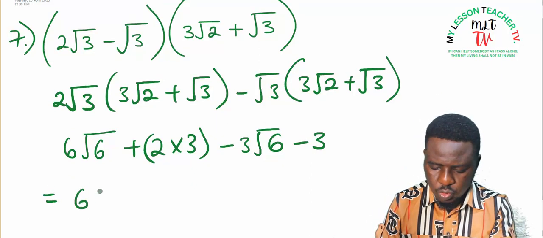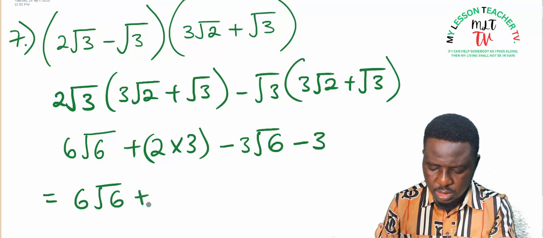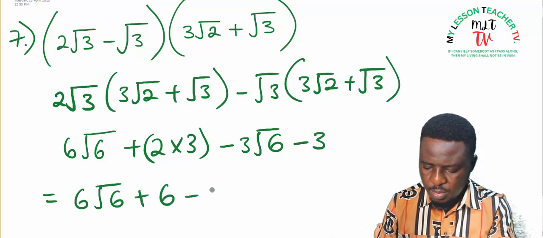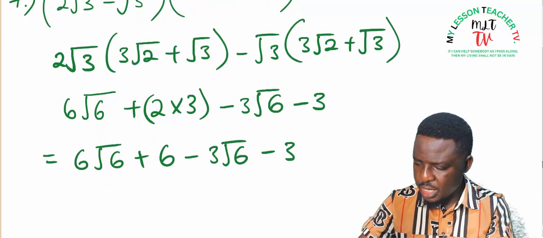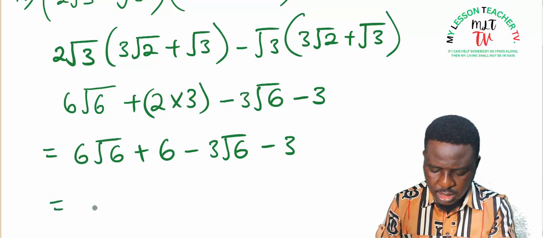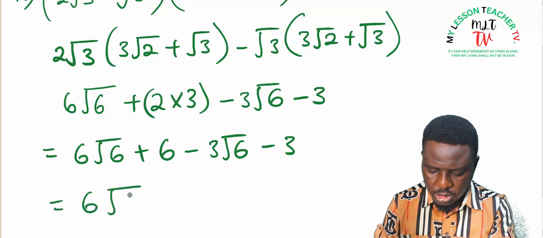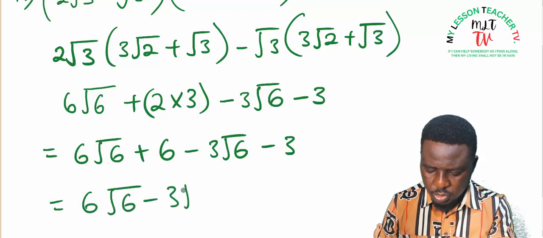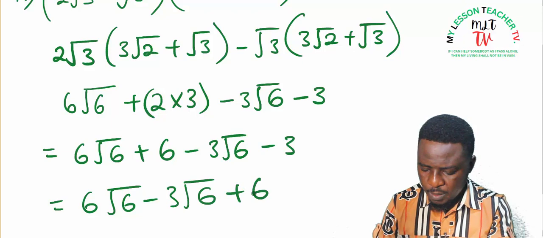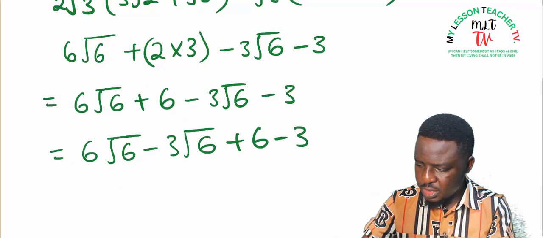This is equal to 6 root 6 plus 6 minus 3 root 6 minus 3. I shall now collect like terms, which is equal to 6 root 6 minus 3 root 6 plus 6 minus 3.